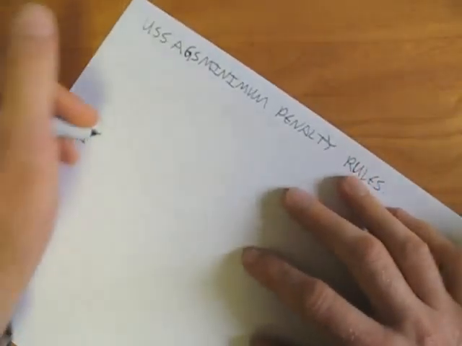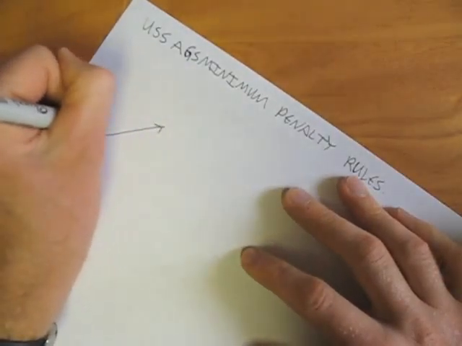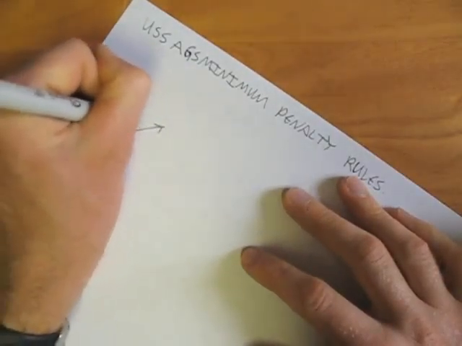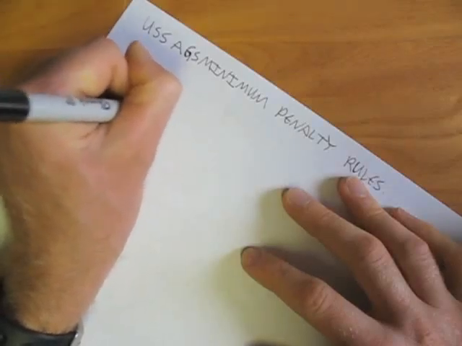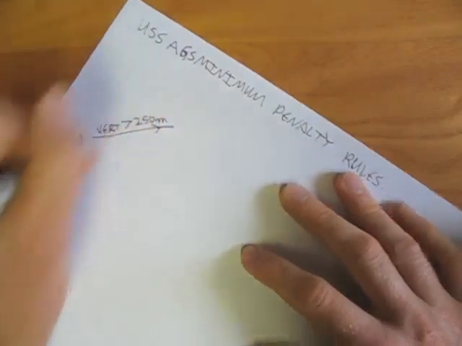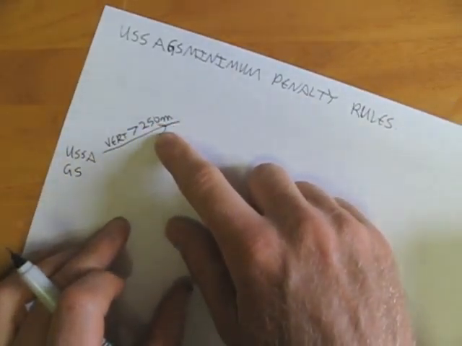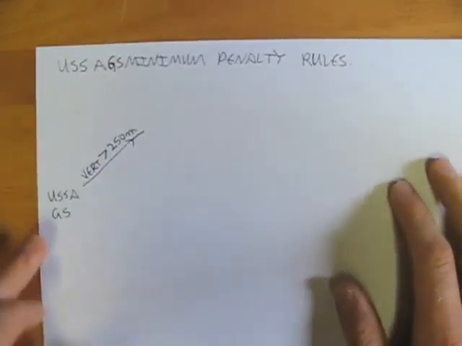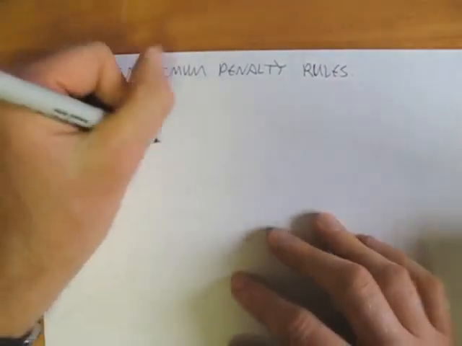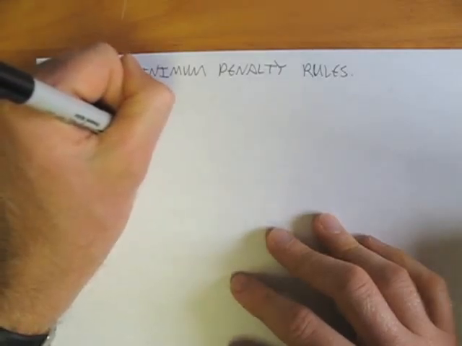Now, first off, your vert is greater than 250 meters, because 250 meters is the minimum vertical listed in the comp guide. So we're going to assume that you're over that.